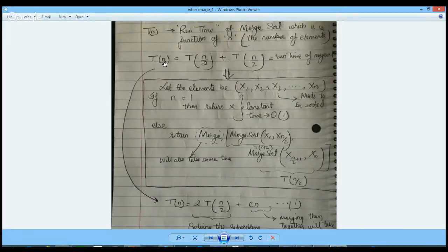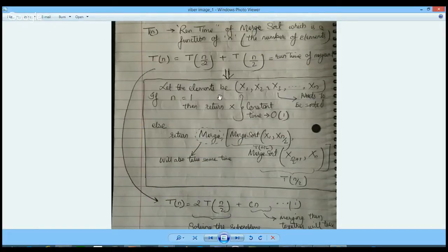So n equals n by 2 plus n by 2. So the total time taken by the MergeSort T(n) is equal to T(n/2) plus T(n/2), which means the total time taken by the MergeSort is equal to the time to sort half the elements plus the time to sort the other half of the elements.